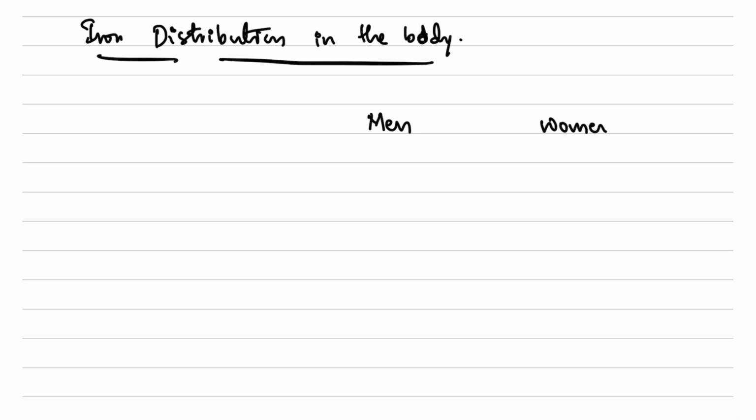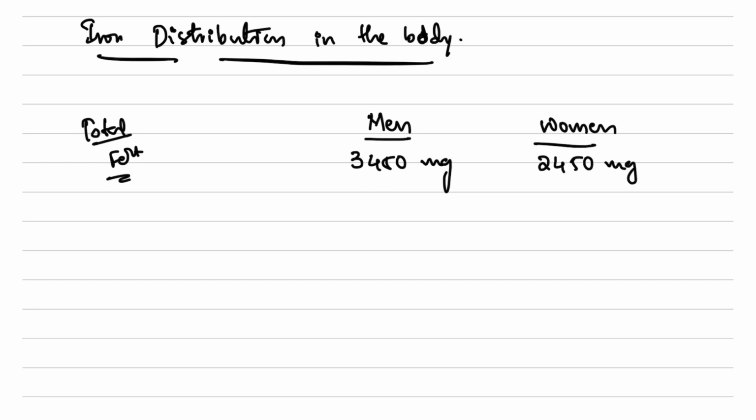Women have a lesser content of iron in their body. First of all, total iron. How much is the total iron in men? In men, it is approximately 3450 mg, and in women, approximately 2450 mg. This is the total iron in men and women.